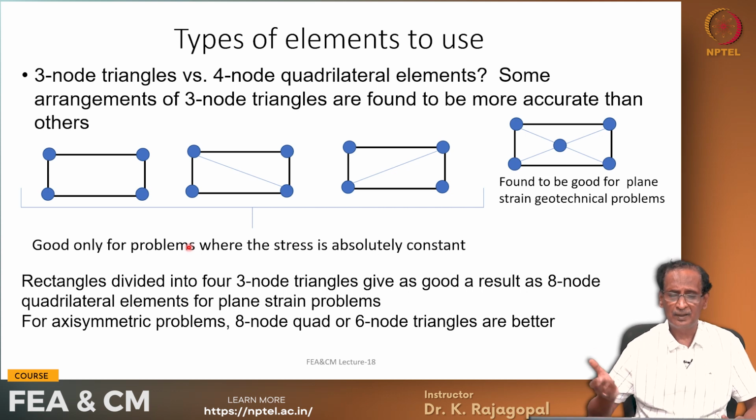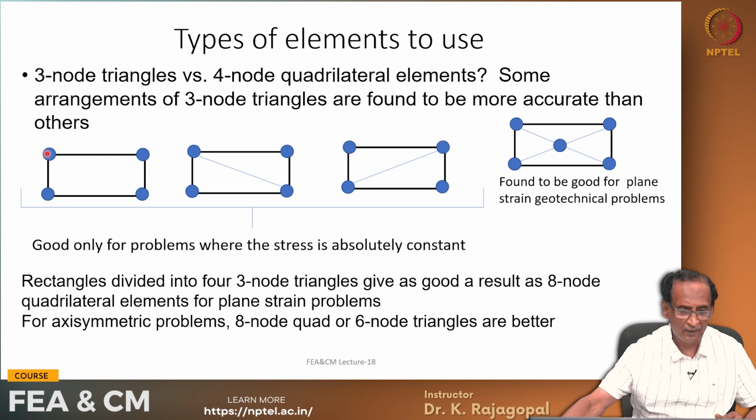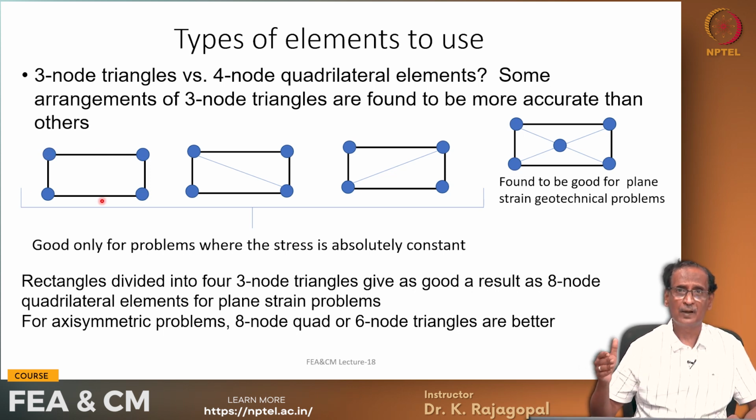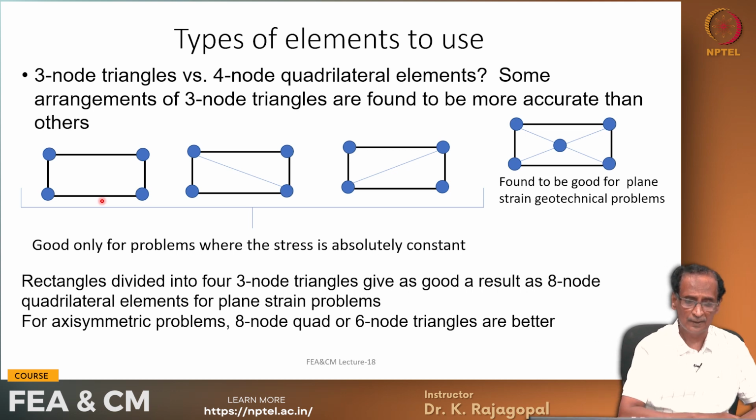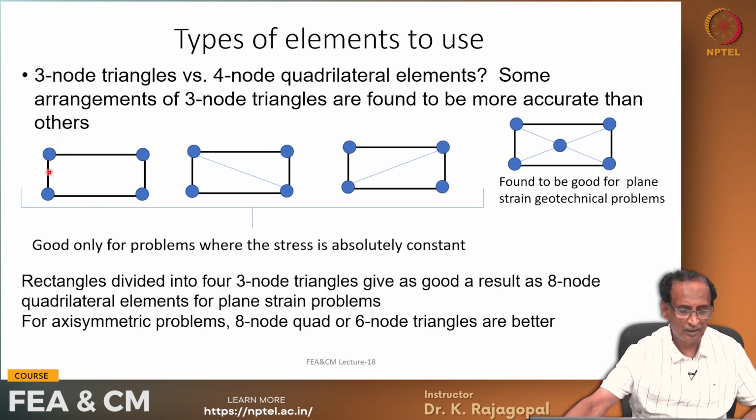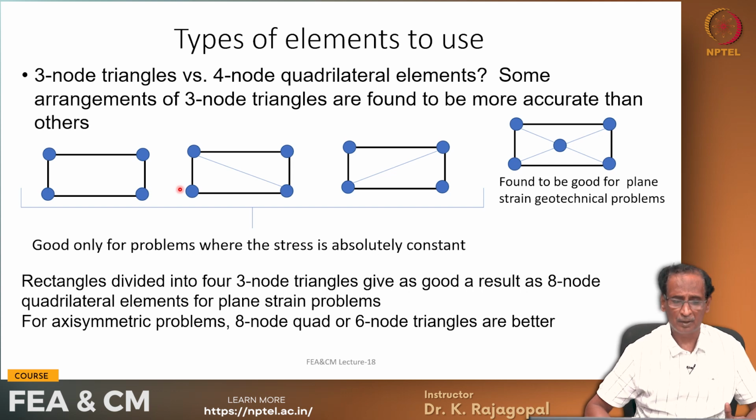And there are different types of finite elements. Say the 4 node quadrilateral is what we have seen, and then the 3 node triangle also we have seen in our calculations. And we can divide this 4 node quadrilateral into 2 triangles like this or like this, and these elements are too simplistic, and they are good only for problems where the stress is absolutely constant all through the mesh.